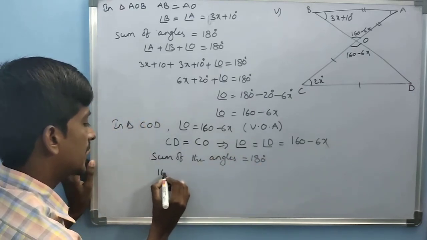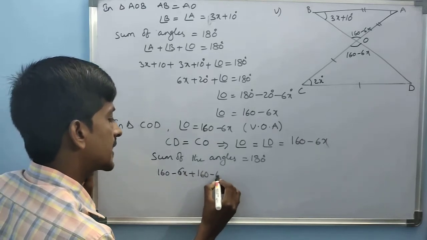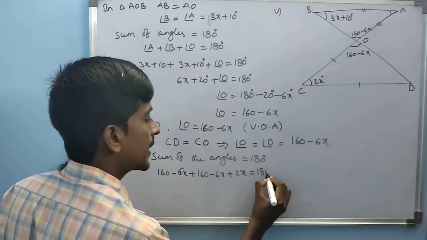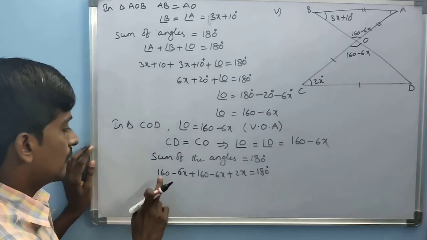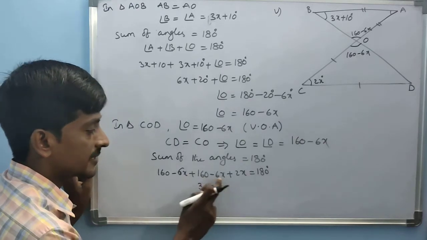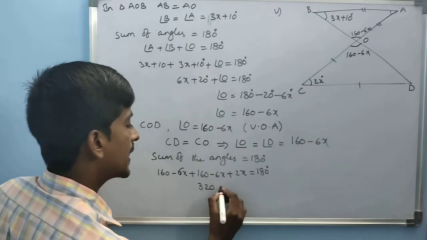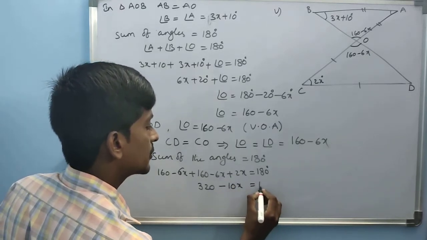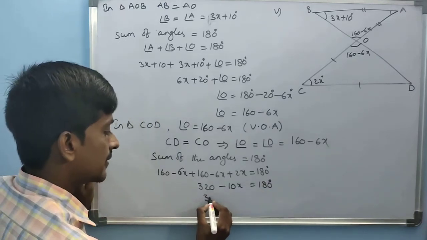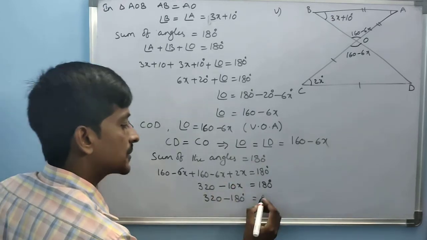So the first angle is 160 minus 6x, plus 160 minus 6x, plus 2x, equals 180 degrees. 160 plus 160 is 320, minus 6x minus 6x is minus 12x, plus 2x is minus 10x, equals 180 degrees. Transfer 180 to this side: 320 minus 180 equals minus 10x.